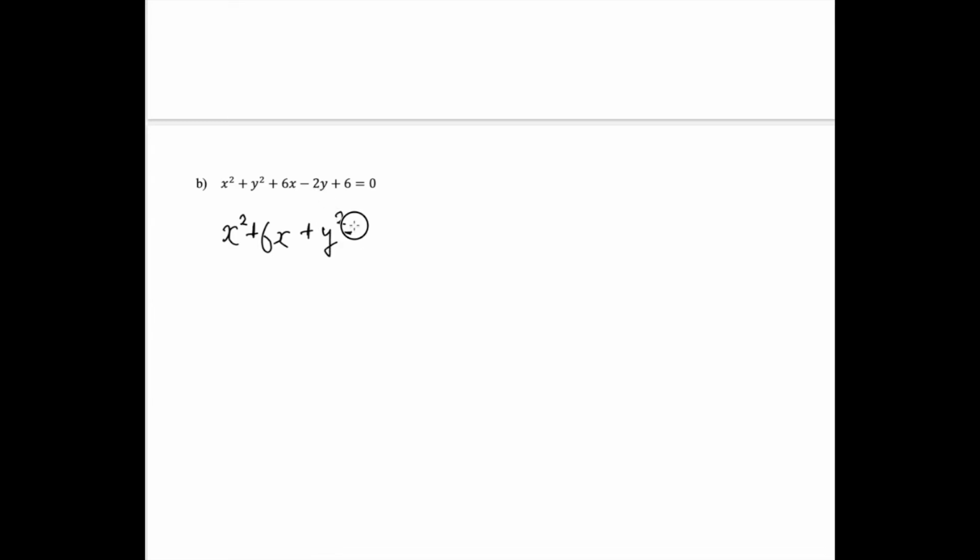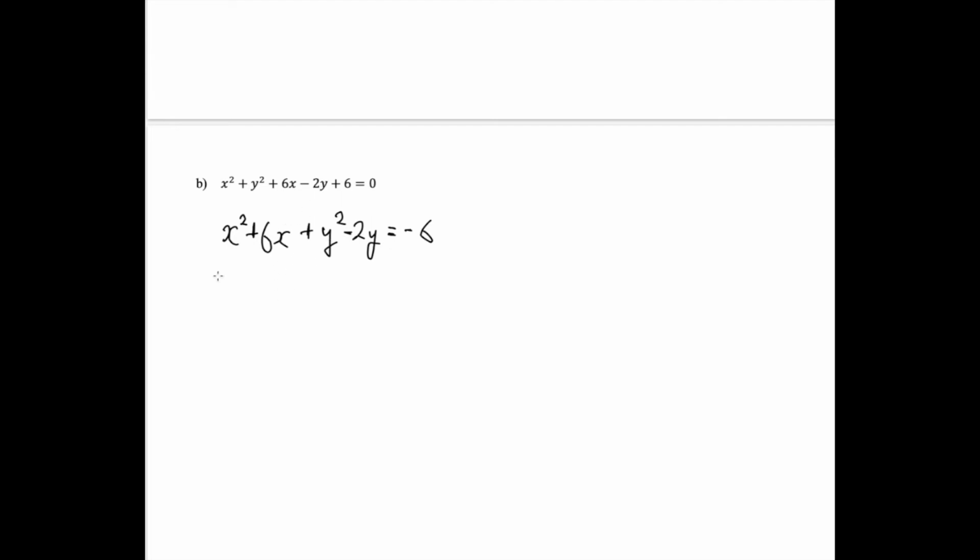Minus 2y. Now, like I said before, you can move this number to the right hand side. So if I take away 6 from both sides, I get minus 6. So make sure you write this in the first step. Just tidy it up before you do anything.